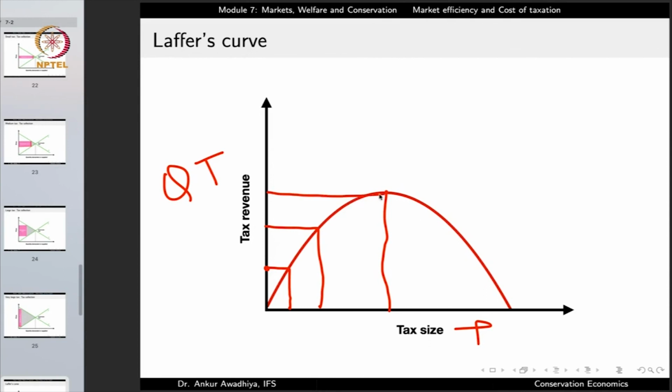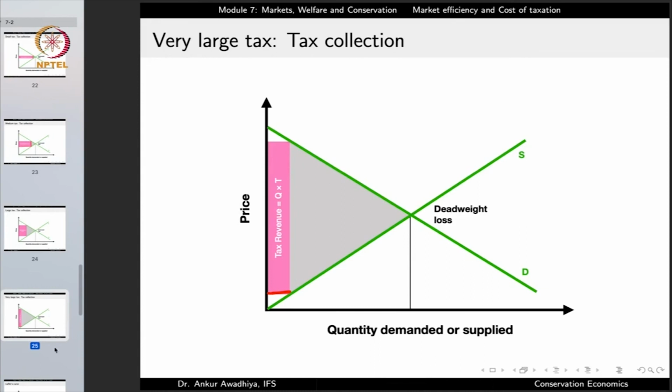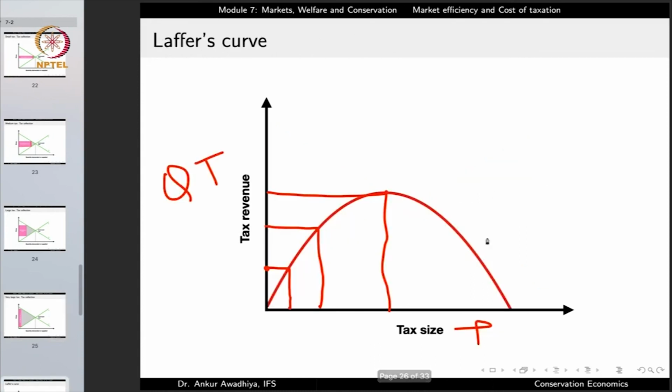But if the government increases the tax size even further, to an even larger amount, then the tax revenue that is collected would again decrease. So at say this point, we have the value of T as this, and the value of the tax collected is now this. So this is the Laffer's curve.